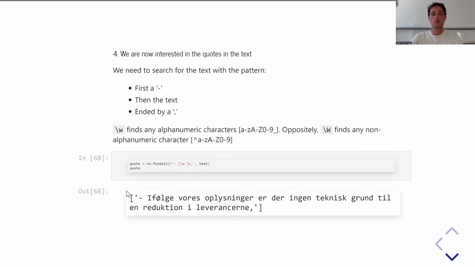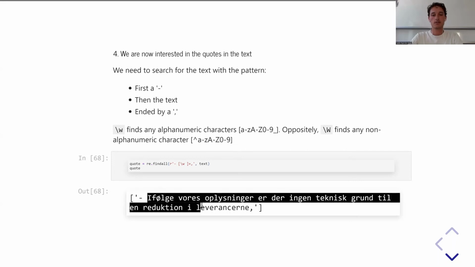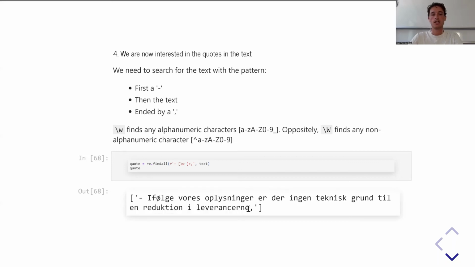So there's only one quote in the text, and this is the quote. So we have the first sign here, then the space that the regular expression matches on. Then we have the text, all the characters and the spaces that we want to match. Then in the end, we have our comma.